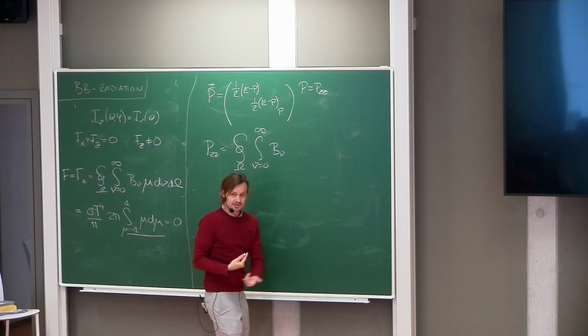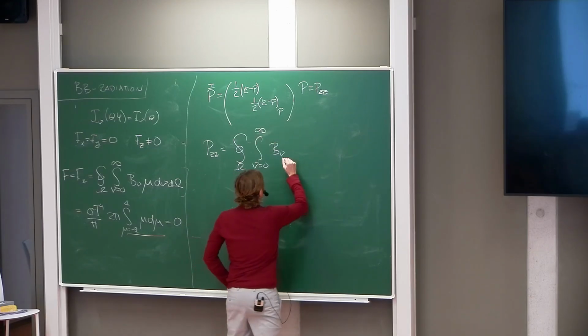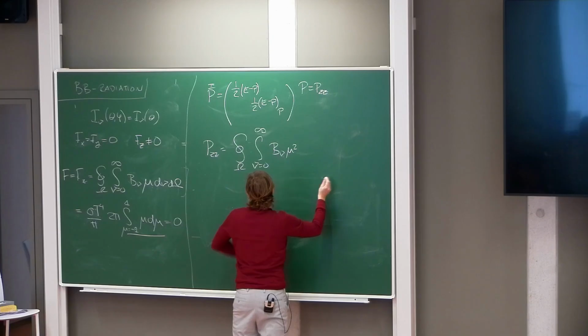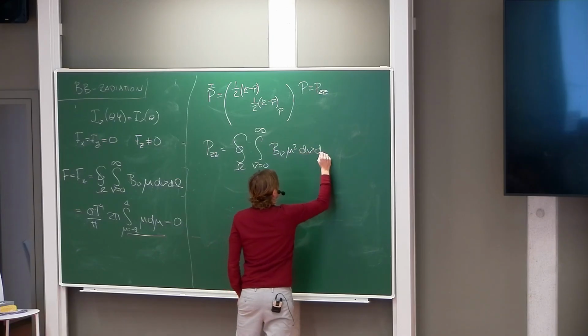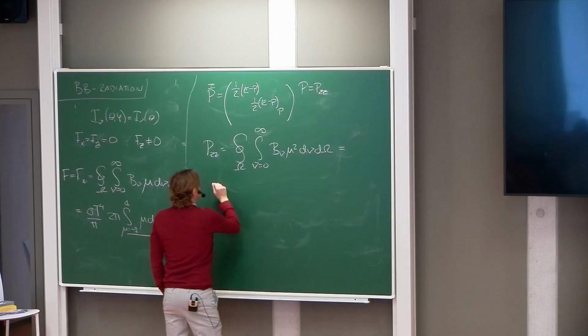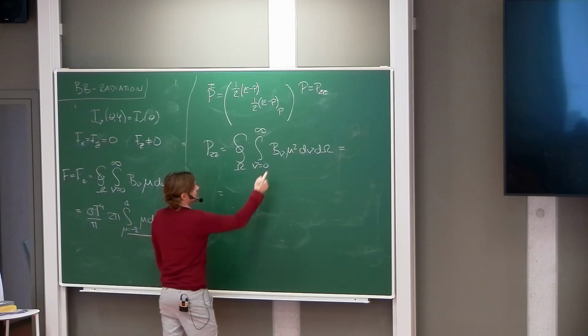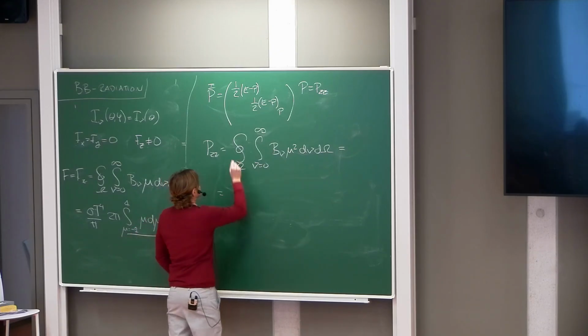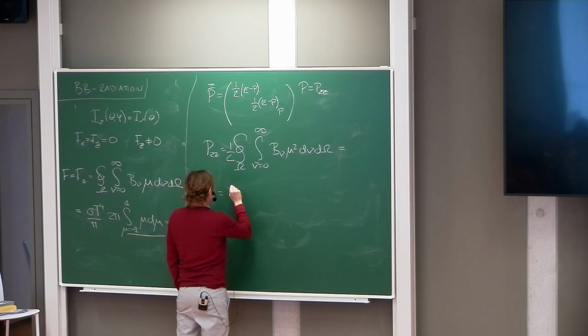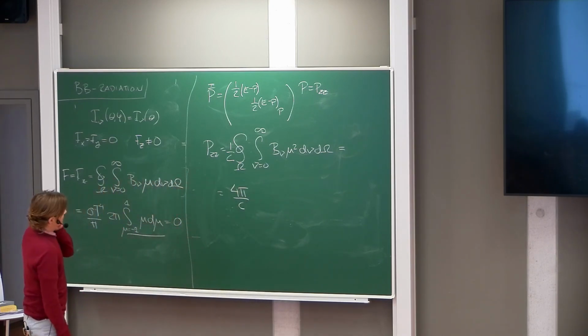We have 2 cosines theta now, if you remember. So mu squared, yeah, d nu, d omega. So that's then, again, by analogy, this has no mu dependence in it either. There is a 1/c missing here. Yes, 4 pi divided by c.